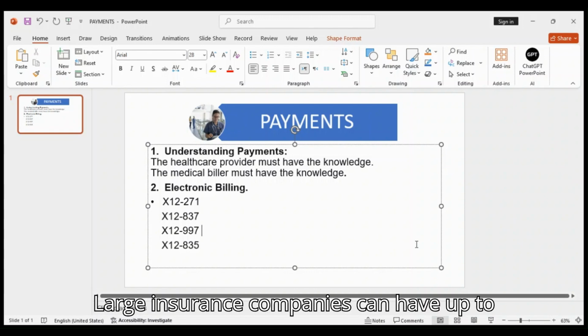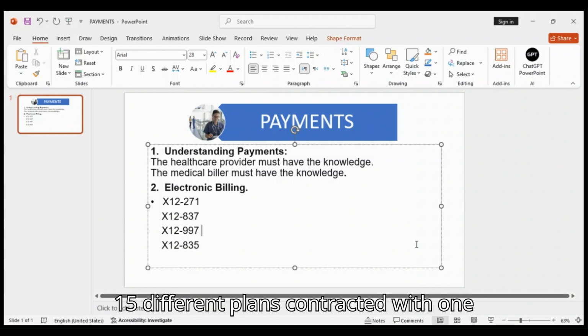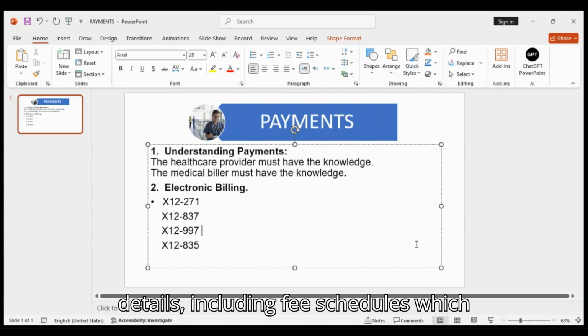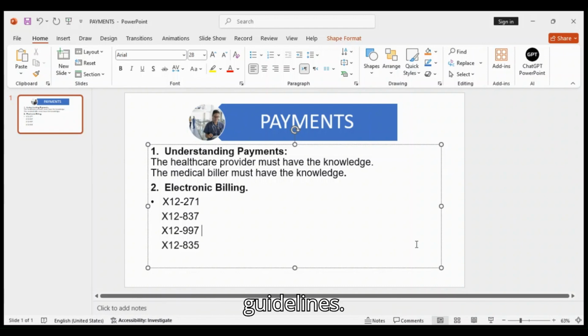Large insurance companies can have up to 15 different plans contracted with one provider. When providers agree to accept an insurance company's plan, the contractual agreement includes many details, including fee schedules, which dictate what the insurance company will pay the provider for covered procedures, and other rules such as timely filing guidelines.